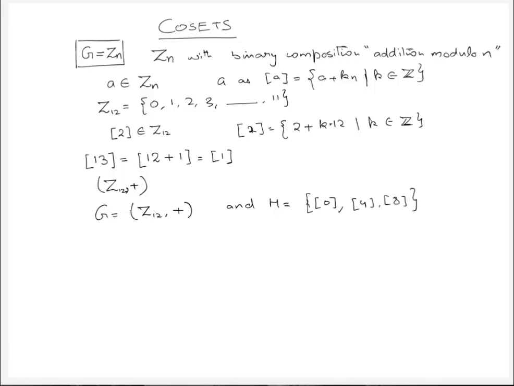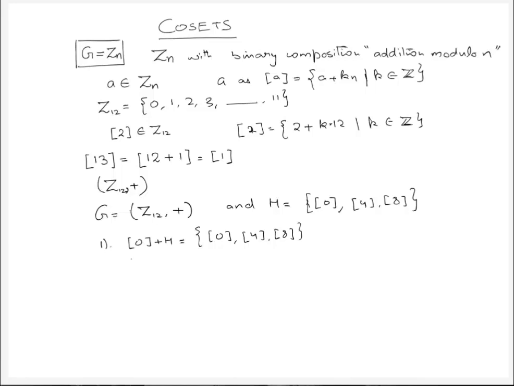Then what will be the left cosets of H in G? If I define a left coset, say 0 plus H, that means I am adding element 0 to all the elements of H. In that case I will get 0, 4, 8.